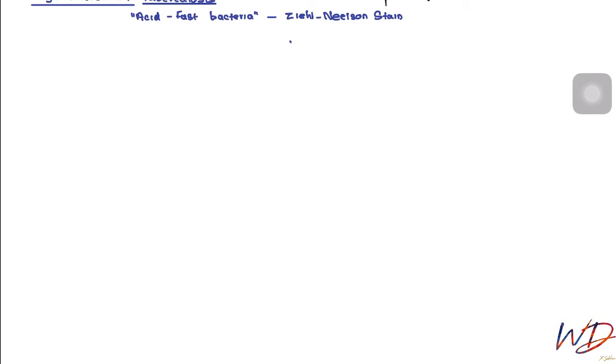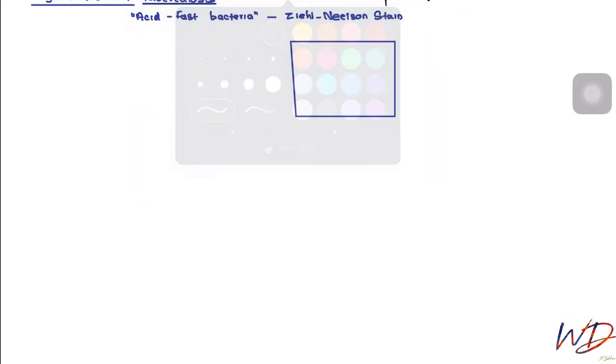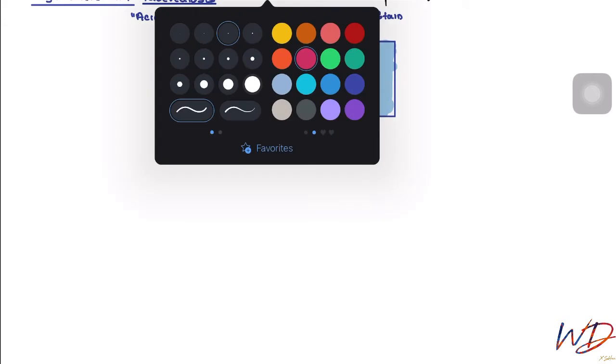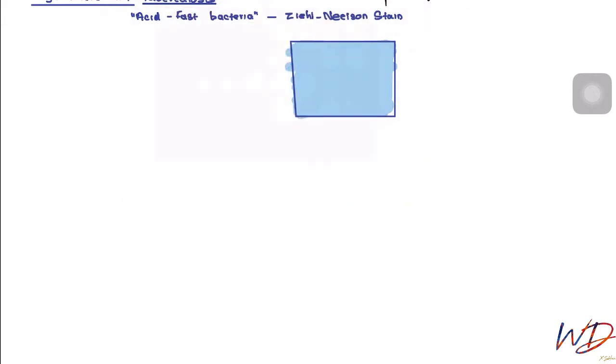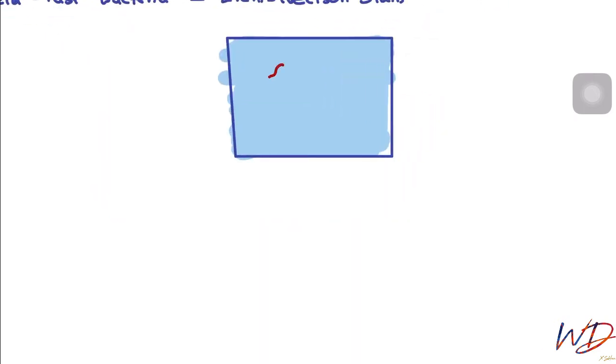And on this stain, we will see a bluish background, and on it you will see bright red rods. You will see bright red rod-shaped bacteria.